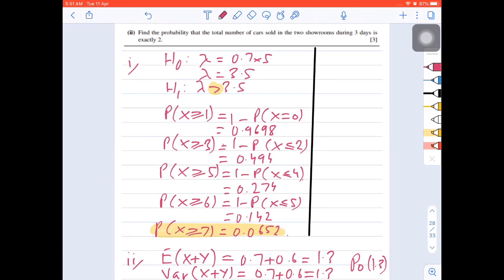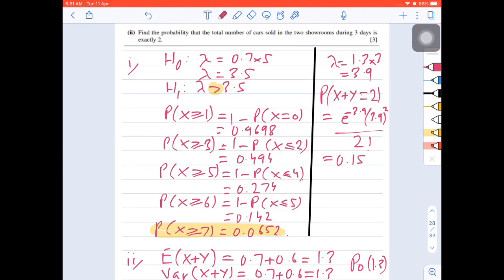So this was for per day, so lambda will be 1.3 times 3, that is 3.9, and then probability of x plus y equals 2 is equal to e power negative 3.9, 3.9 power 2 upon 2 factorial. This is equal to 0.154.